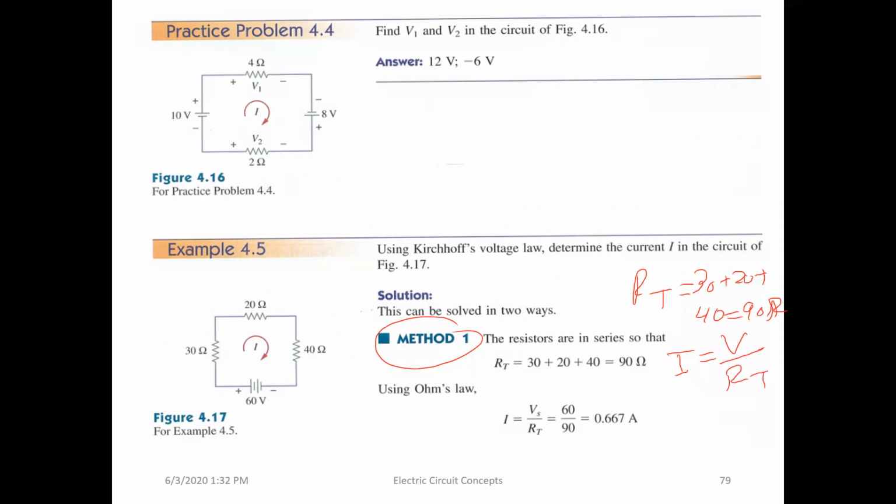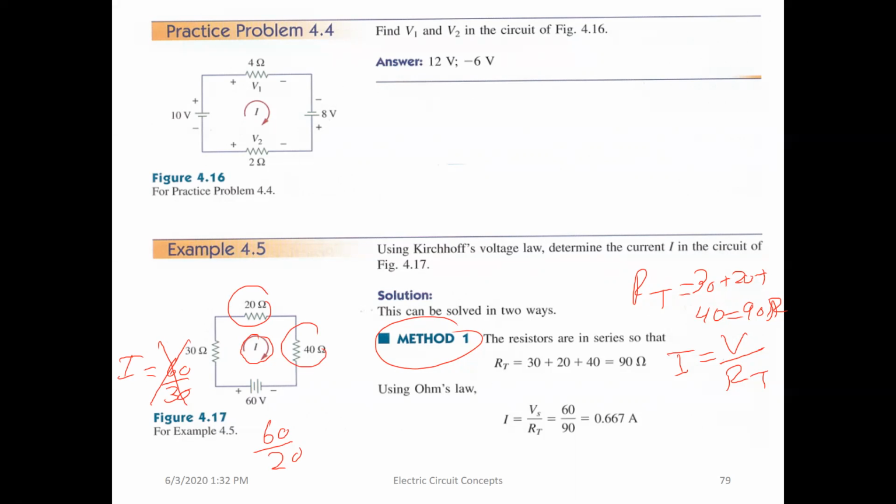Again and again, I want to give you a warning. When you find I and you want to apply Ohm's law, you cannot say I equals 60 over 30. This is totally wrong. Or you can say 60 over 20, just taking one resistor. You cannot do that.